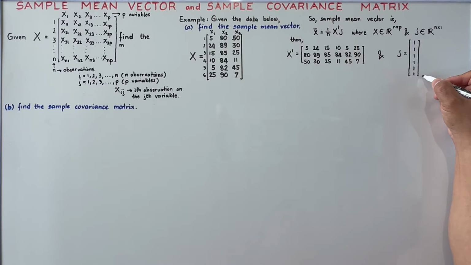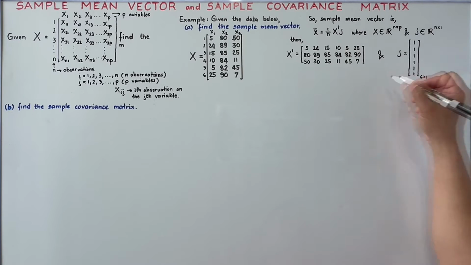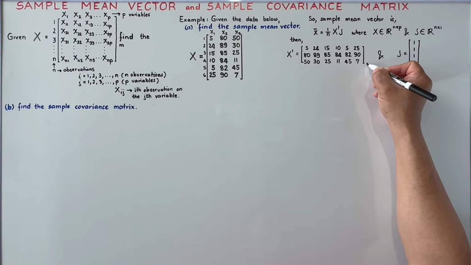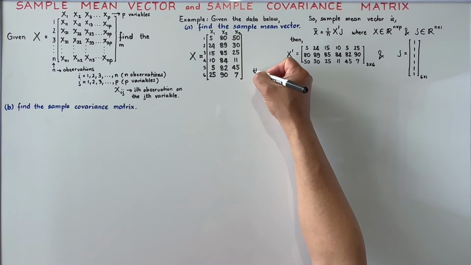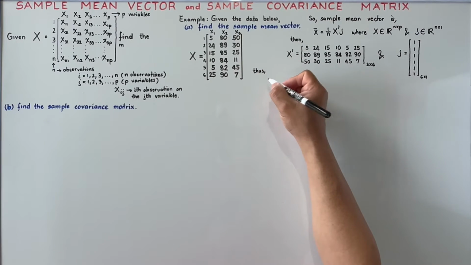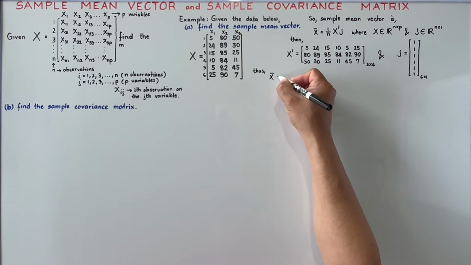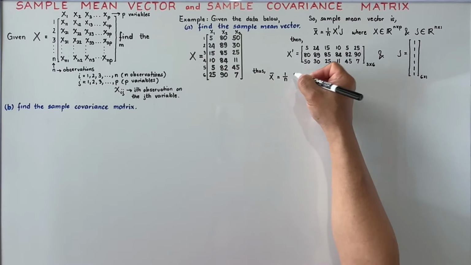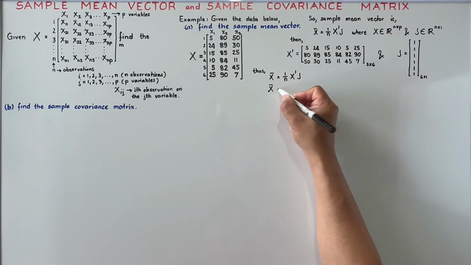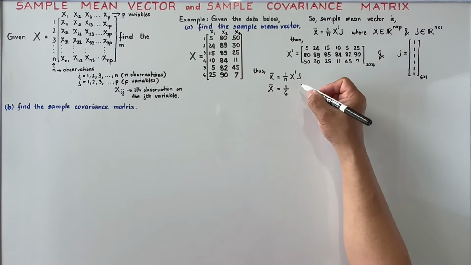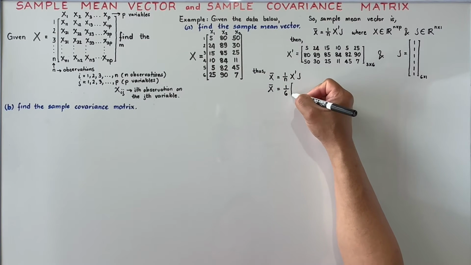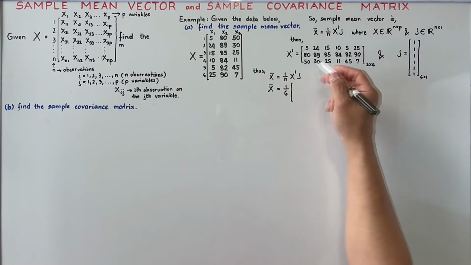So this is of size 6 by 1, but our transpose is of size 3 by 6. Thus, to compute our sample mean vector, which is equal to 1 over n times X transpose J, we have 1 over 6, because there are 6 observations here, times the transpose of X, which is this one.